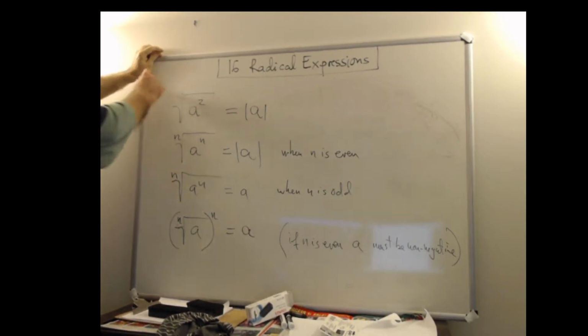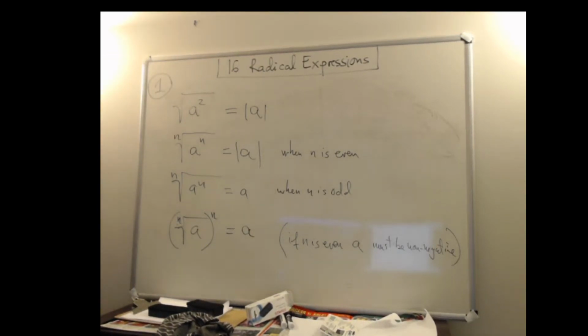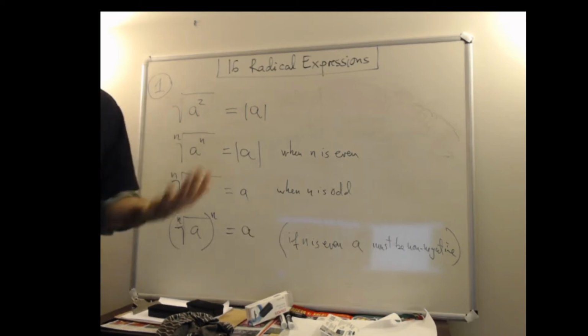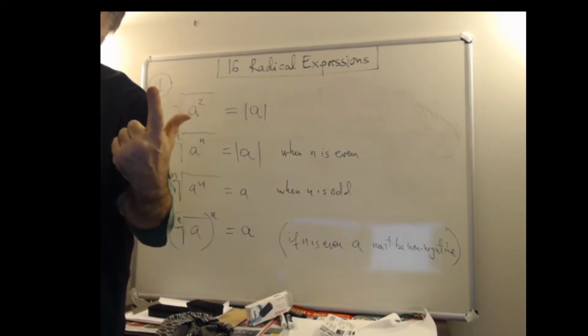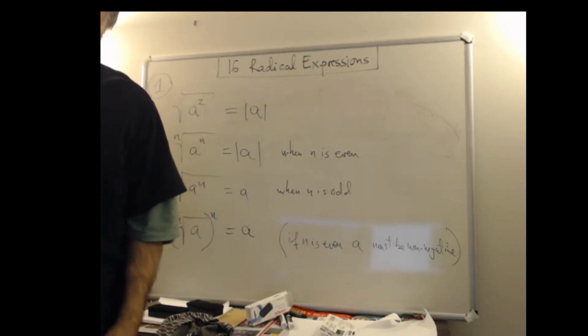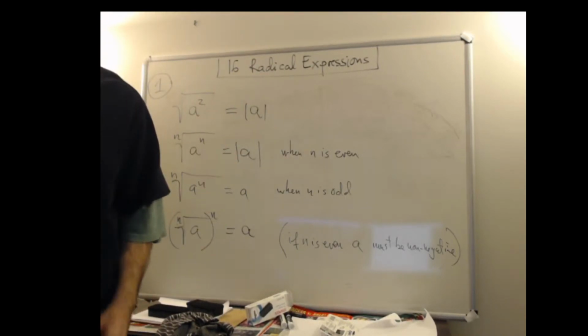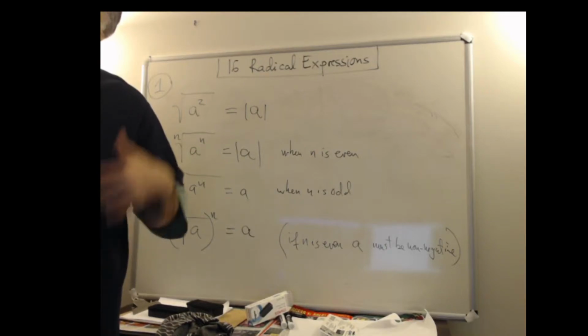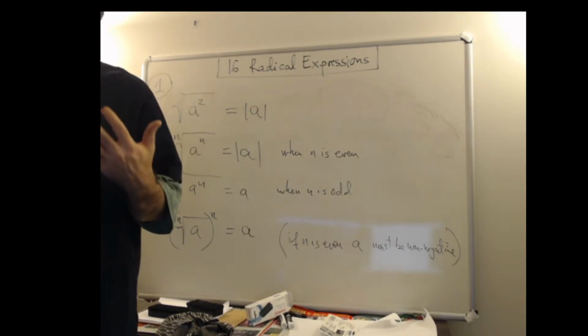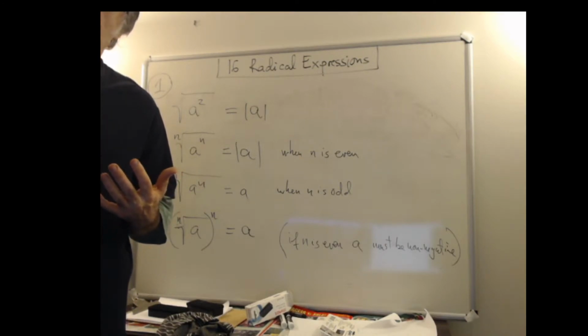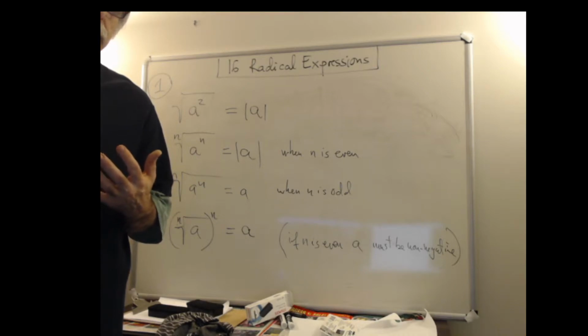So this is rule number 1. You want to remember that. It's easy to remember this way. If you do a radical and a power that are reversals of each other, in either order, it's like you're doing nothing. We want to remember, if you're dealing with an even radical, the output of a radical must be non-negative.